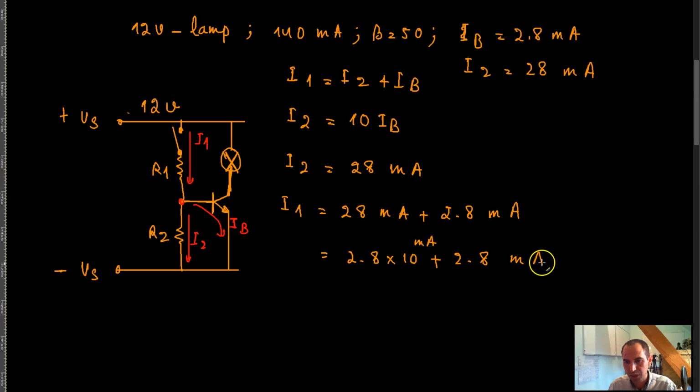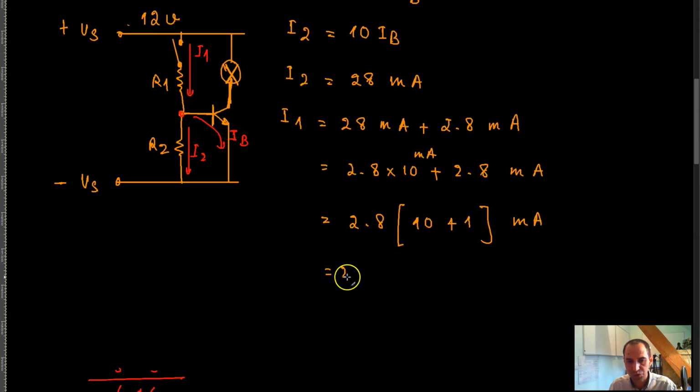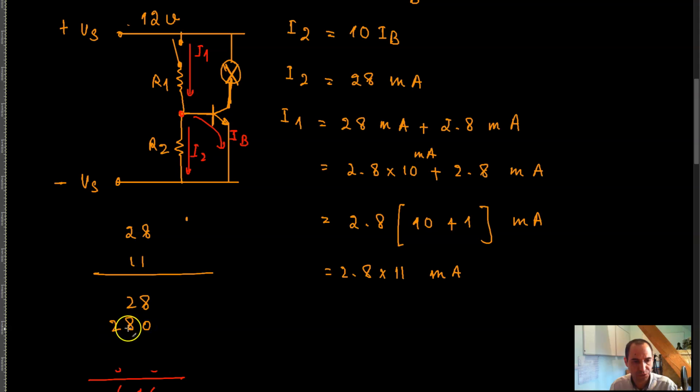If I take out the 2.8, I'll get 10 plus 1, in milliamps, which is the same thing as 2.8 into 11 milliamps, which is 28 times 11, which gives 308 milliamps.